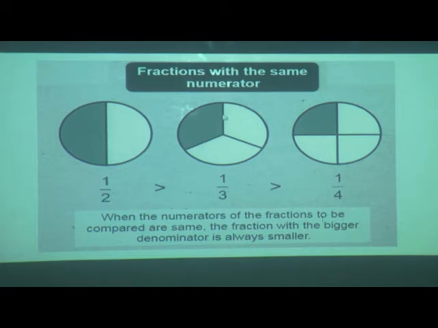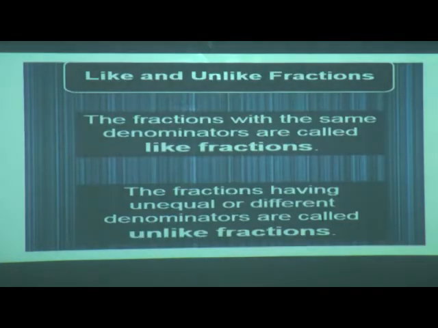You can go for your own fractions and find out the comparisons. I hope, my dear students, you understood how to compare the fractions when the numerators are the same.